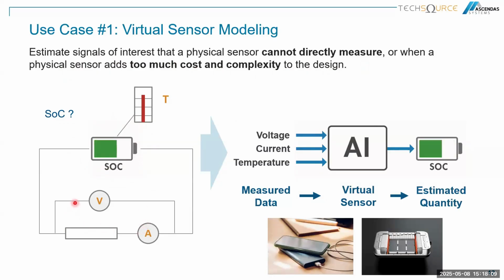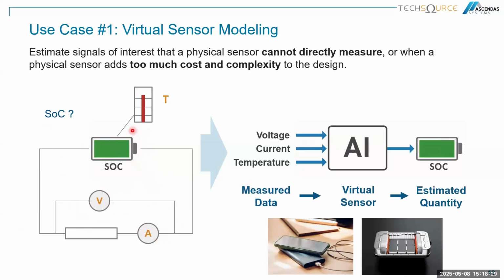Normally, for electrical parameters, we can use voltmeters to measure the voltage, and an ammeter to measure the current. You have thermometers or thermocouples to measure temperatures.